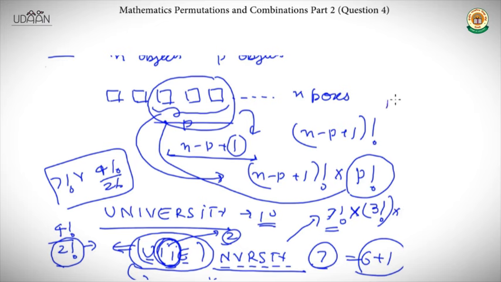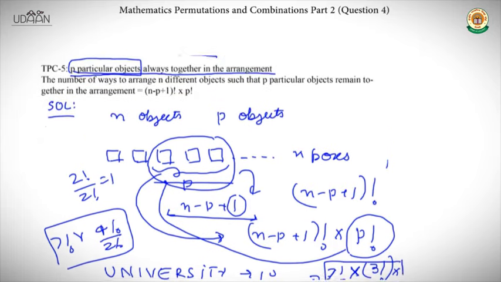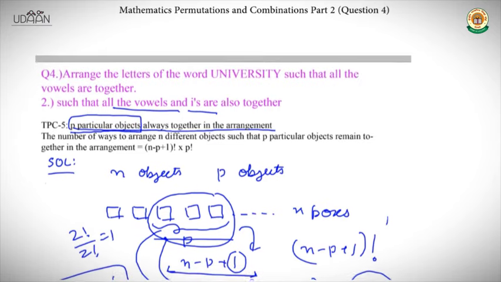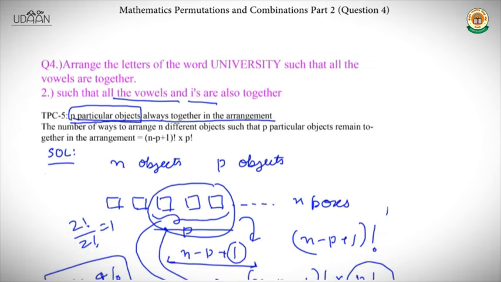So the arrangement will be 2 factorial upon 2 factorial, that is 1. So they can be arranged only in one way. So this will be the total number of ways we can arrange the objects such that the vowels as well as i's are together. So in the first part we have seen that the vowels are together, and in the second part we have seen all the i's are also together.